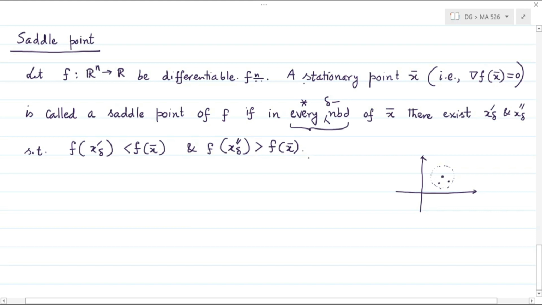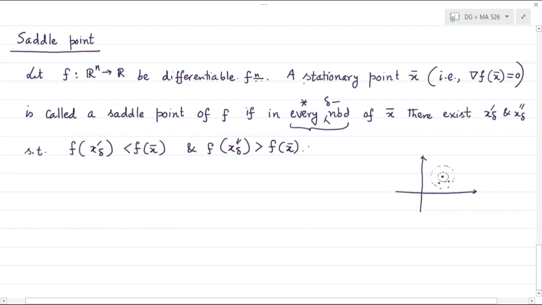But that will not lead us to say that the point x bar is a saddle point, because you might have a smaller neighborhood in which the function f is having a local minimum.